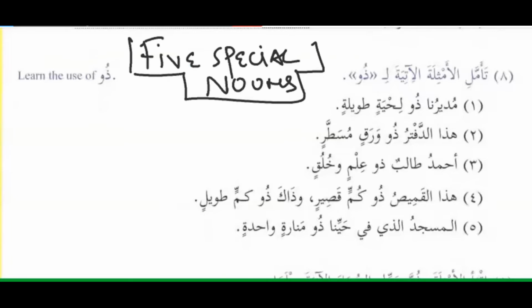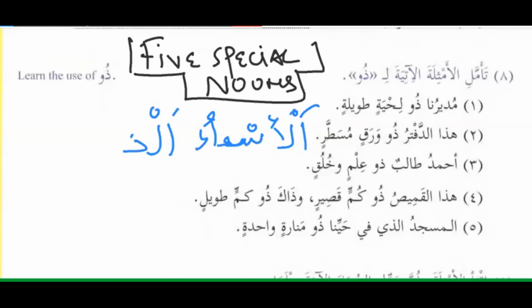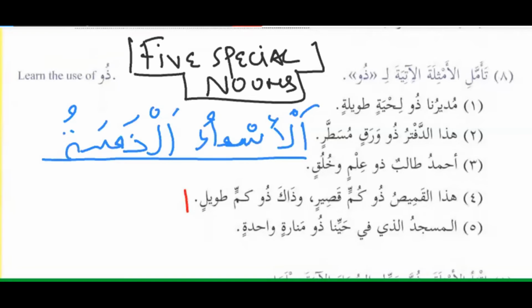Al asmaul khamsatu. What are the 5 special nouns in Arabic language? Akhun, brother. Abun, father.